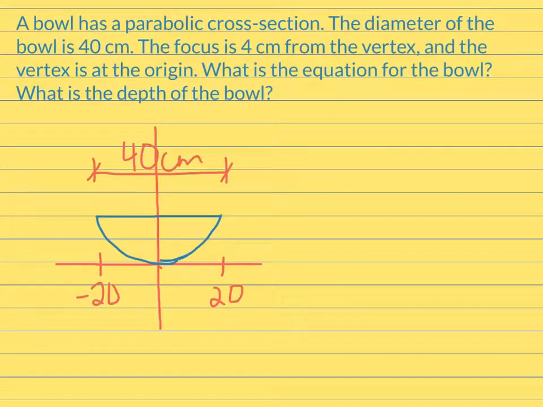The focus is 4 centimeters from the vertex, so I'm going to put it in here, and this point is going to be 0, 4, right? Our focus is at 0, 4. It's a mess. And the vertex is the origin, so what is the equation for the bowl?